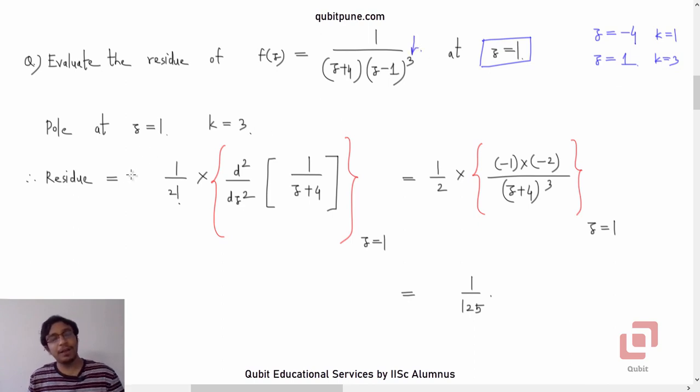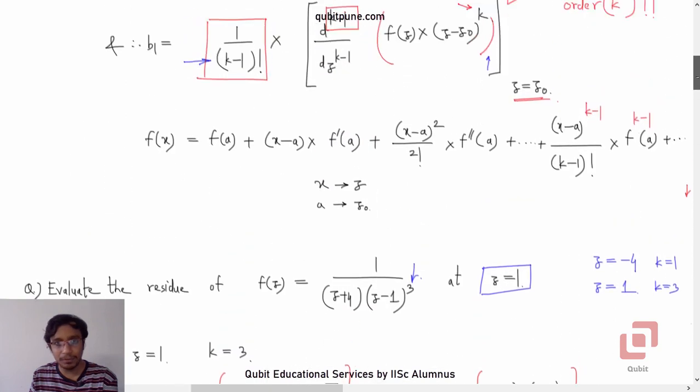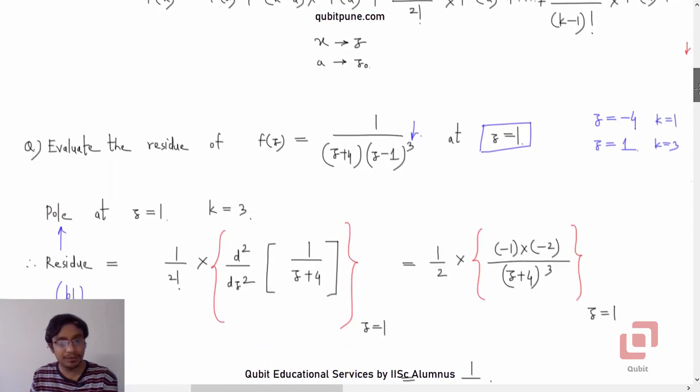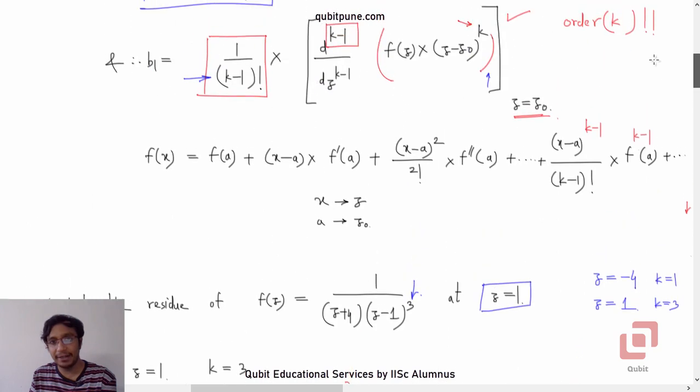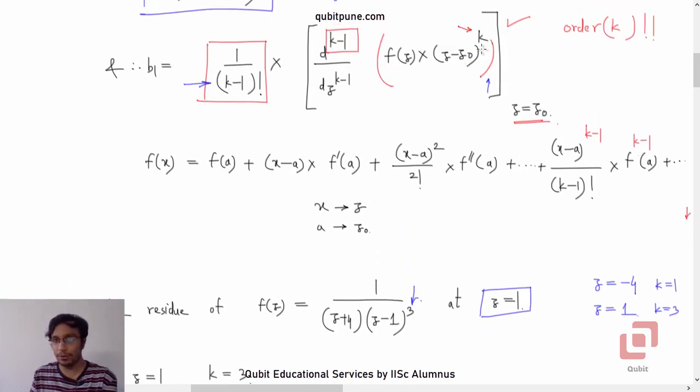So if we are to find the residue at this pole, which is the coefficient b1, we recall this particular formula: 1 upon k minus 1 factorial, here 1 upon 2 factorial, into the k minus 1th derivative of the function multiplied by that particular factor, z minus z0 to the power k.